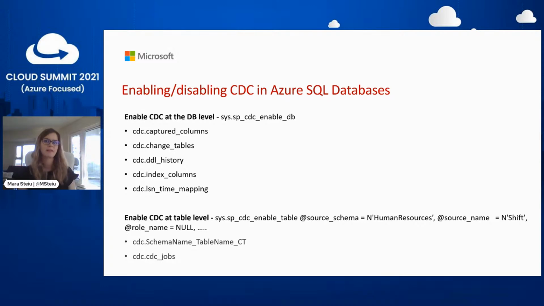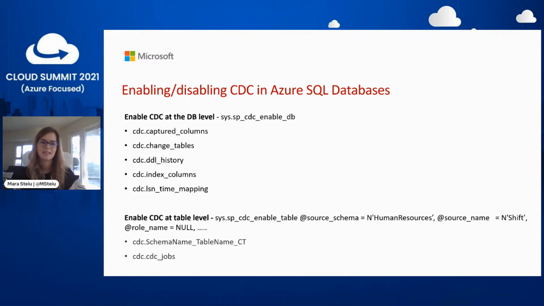So it's very important to make sure before you start using CDC that you have enough space, given all these additional artifacts that CDC creates on your database. And also something to note for Azure SQL databases is that CDC won't work if your databases are in the S3 tiers, which is like standard 3 or below. So for instance, it won't work if you have a basic tier database.